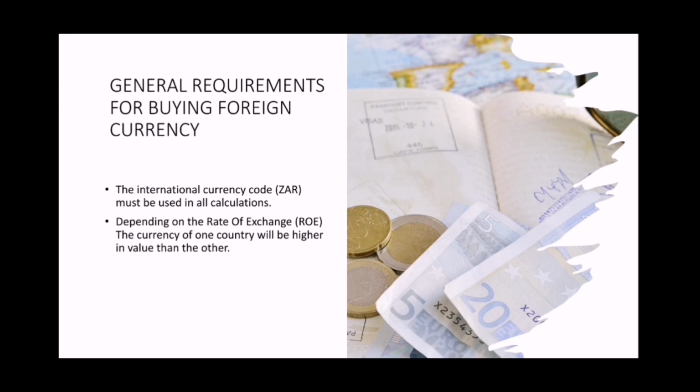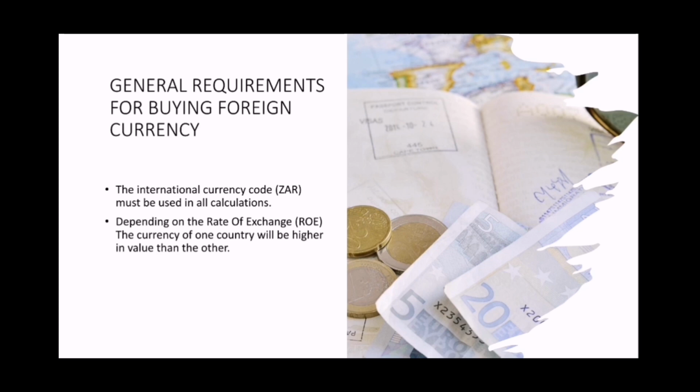And then also it is important to note that depending on the rate of exchange, the currency of one country will be higher in value than the other. So you will see that the South African rand, as compared to the dollar, is weaker.